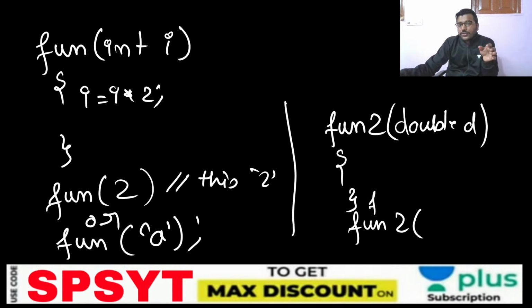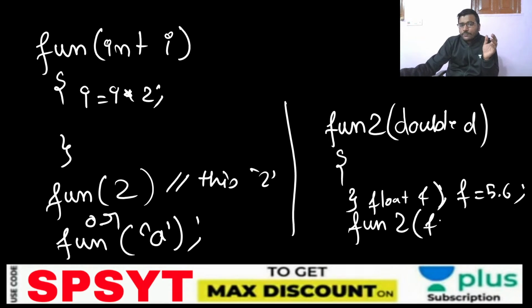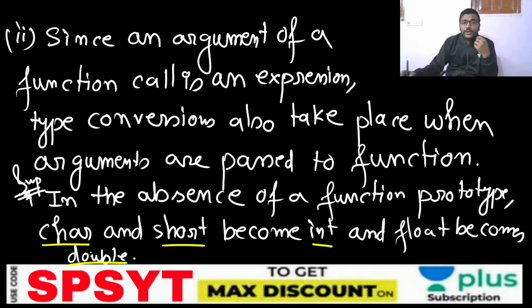Here also conversion is going on. If you have a float f, let's assume f is equal to 5.6, and you are passing this value, then it will get converted into double. F will get converted into double. So float will become double, and char and short become int in the absence of a function prototype. Understood?